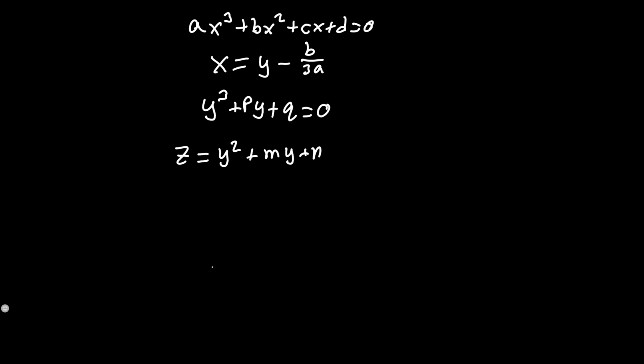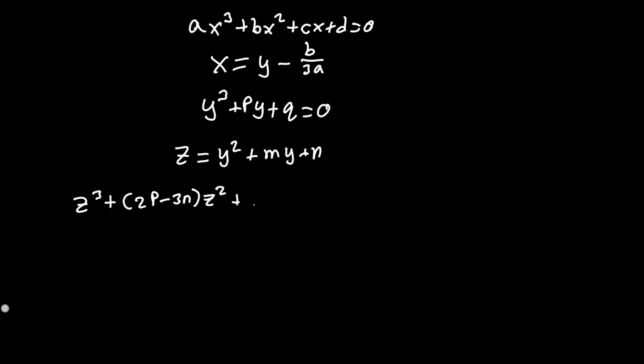So the long expression we will get is z cubed plus 2p minus 3n z squared.